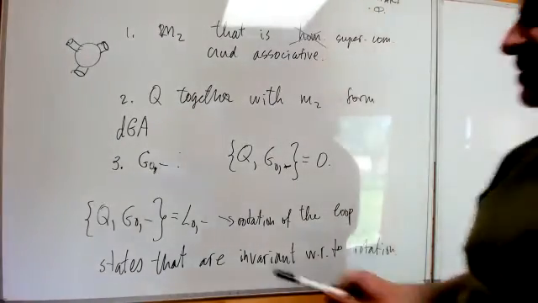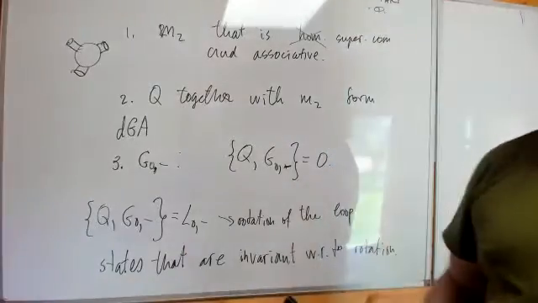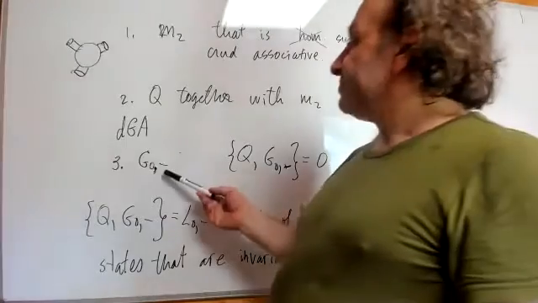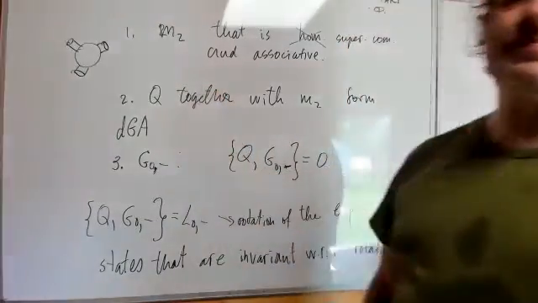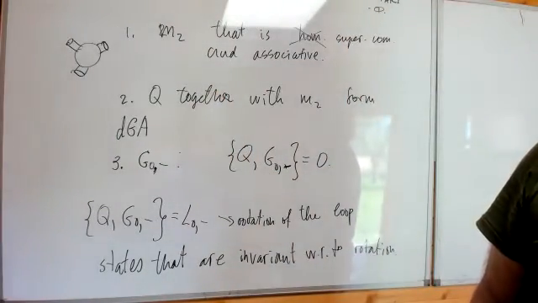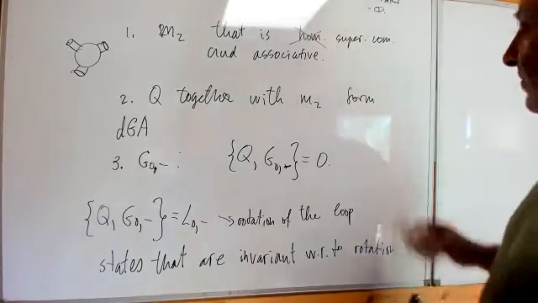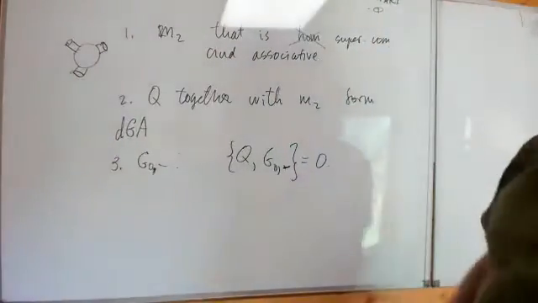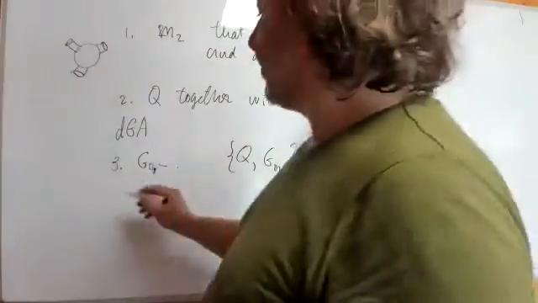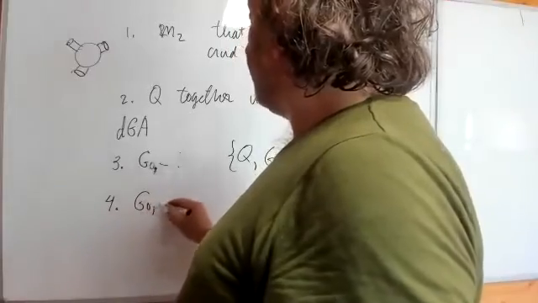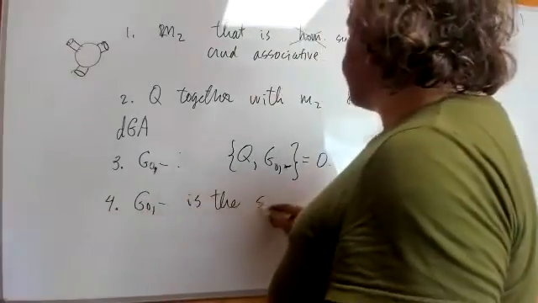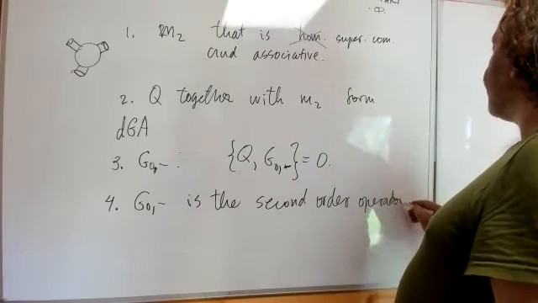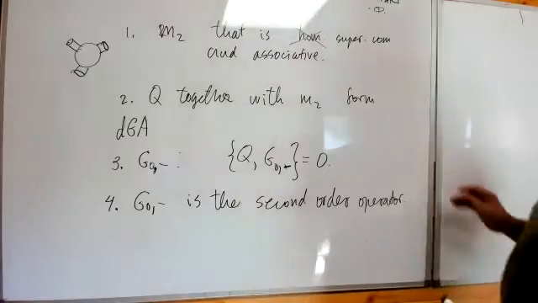The last thing: it is interesting to see how this G naught minus is related to the multiplication. We demand that G naught minus is a second order operator. Several comments are important.